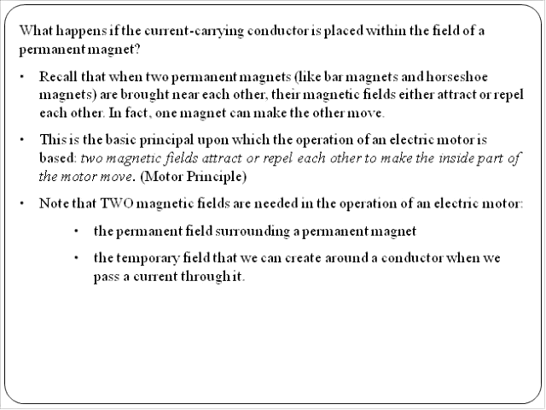And there's a temporary field that we create when we pass a current through a coil inside the motor, in the part that spins. That way we can turn the motor off by turning off the current, and it won't spin anymore. So that's an electric motor. Permanent field with permanent magnets, but there's also a temporary field that we create when we pass a current through the coil that's inside the motor.